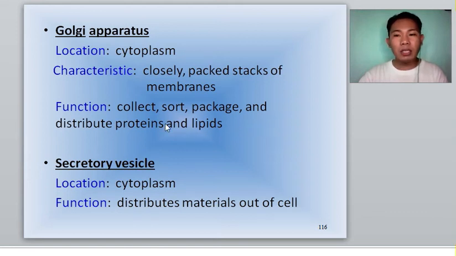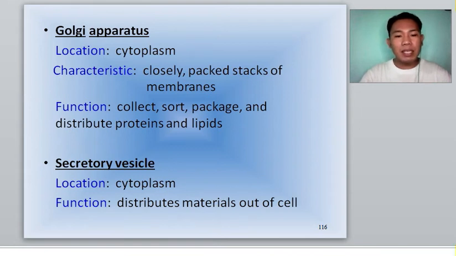The same is also true in our cells. The Golgi apparatus serves as the packaging area where it prepares the proteins, lipids, and carbohydrates that are produced in the endoplasmic reticulum. It simply means that the final touching of the products happens in our Golgi apparatus.